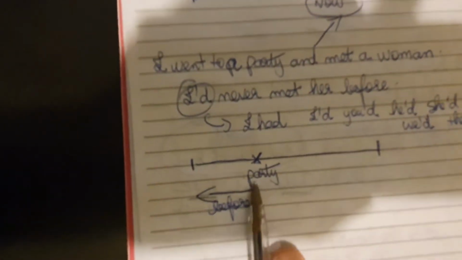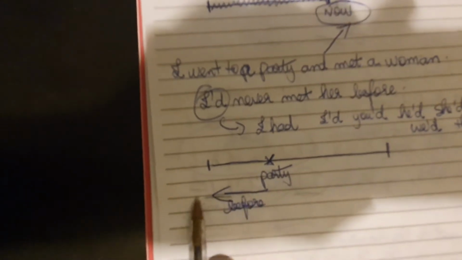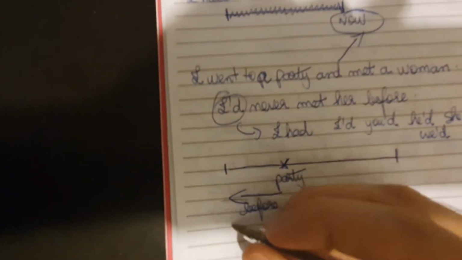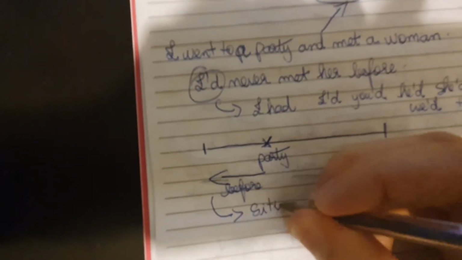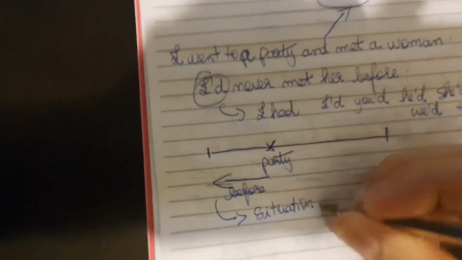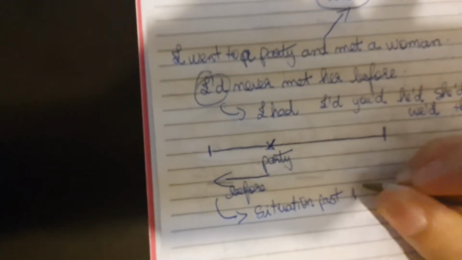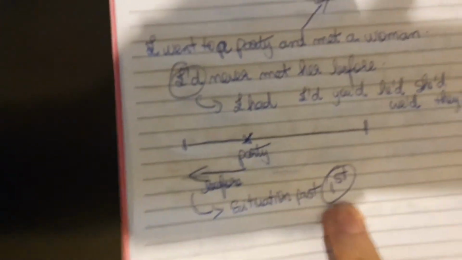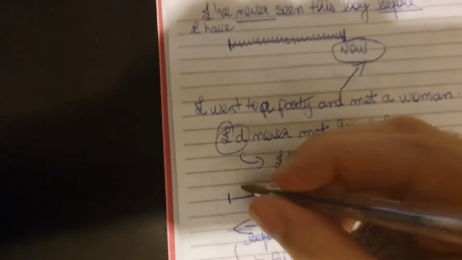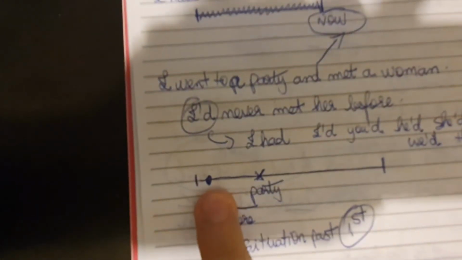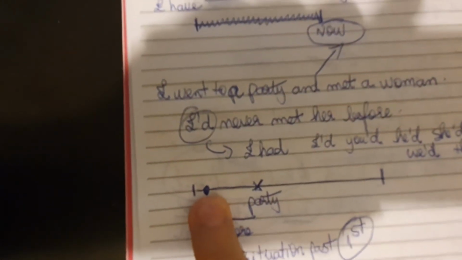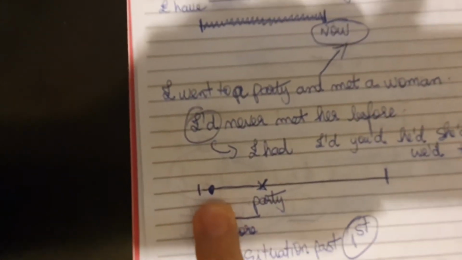So this before refers to a situation in the past that happened first. Before the party, for example, I'm home getting ready, dressing up or taking a shower to go to the party.